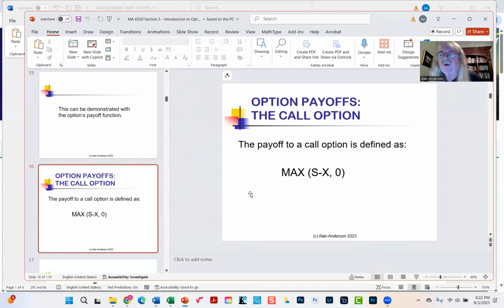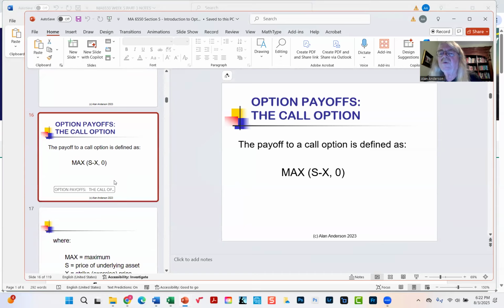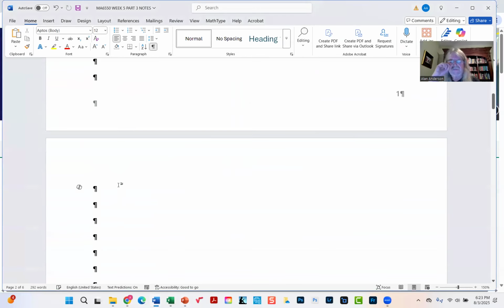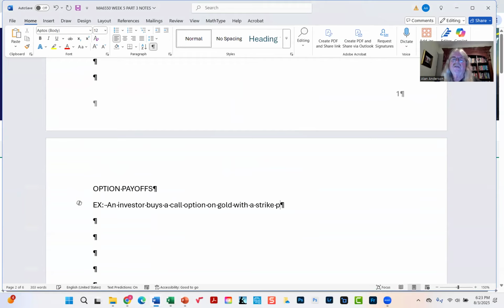So we're going to introduce a very important concept, the notion of the payoff. In order to make this more easily understood, I'm going to start out with an example of how a payoff works. Let's say, for example, an investor buys a call option with a strike price of 3,500 per ounce.